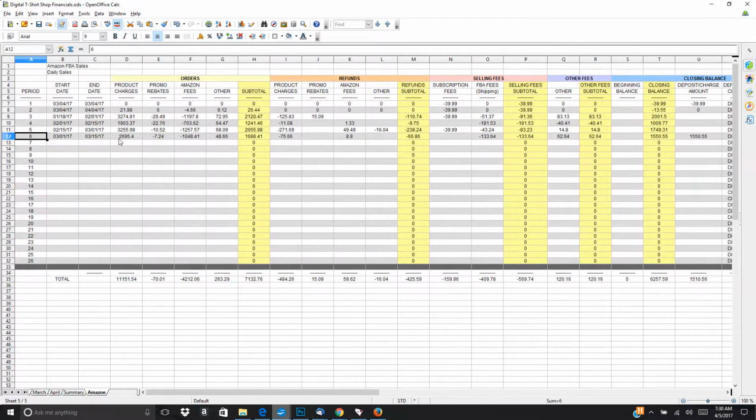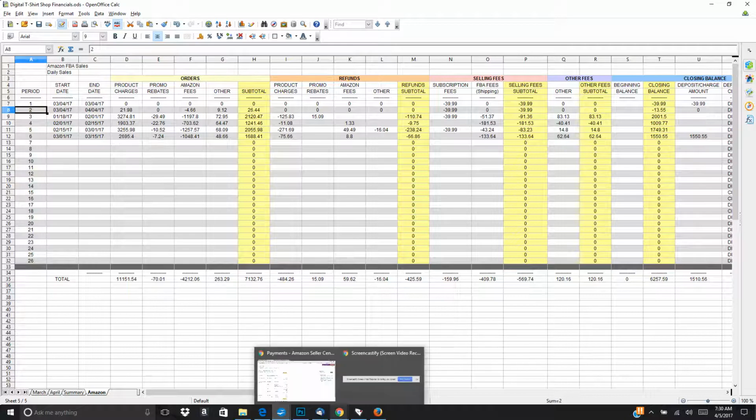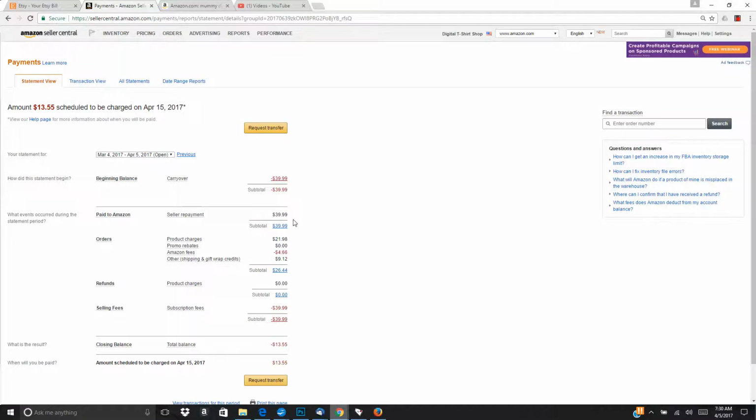So, for example, if I was to look at my current period on my seller account, this was a previous month charge and previous month payment, and then it goes into what my current sales were, Amazon fees, shipping fees, or I mean, this is actually shipping collected, and then minus what my seller account charges.